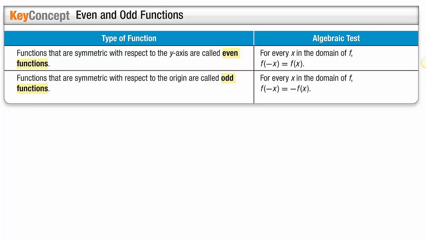If you plug in that negative x and simplify, and you have a complete opposite function, everything changed signs, then it is an odd function. If it does all kinds of crazy stuff and it's either not exactly the same or completely opposite, then it is not even and not odd, so we just say it's neither.